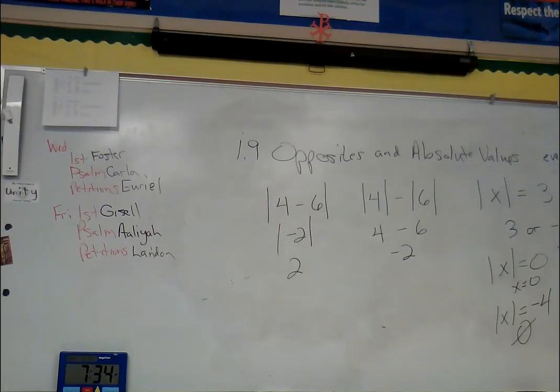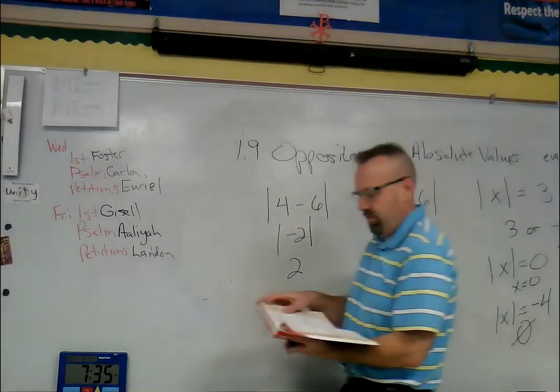Think about it: your house is not at negative 4 miles, even though you might have gone the opposite way. So if the value is negative, there are 0 answers. When it's positive, we're going to get 2 answers. If it's 0, you get 1 answer, which is 0. If it's negative, the answer is no solution.